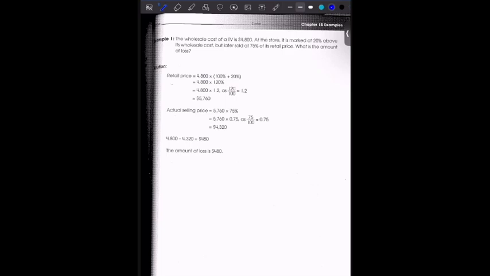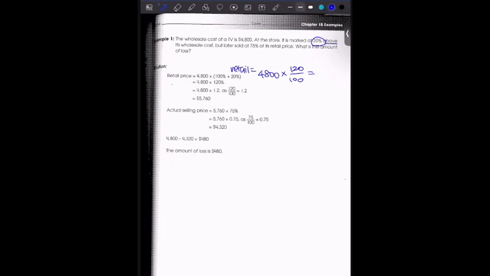And so the wholesale cost is $4,800. And it's marked at 20% above the wholesale cost. So the retail cost is going to be 4,800 times 120 over 100. So 100 over 100 is 1, so since we added 20%, it's going to be 120 now.